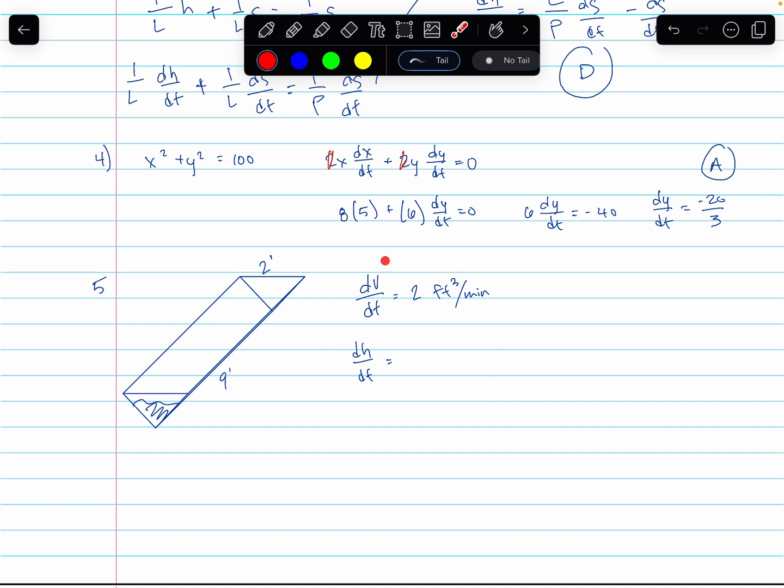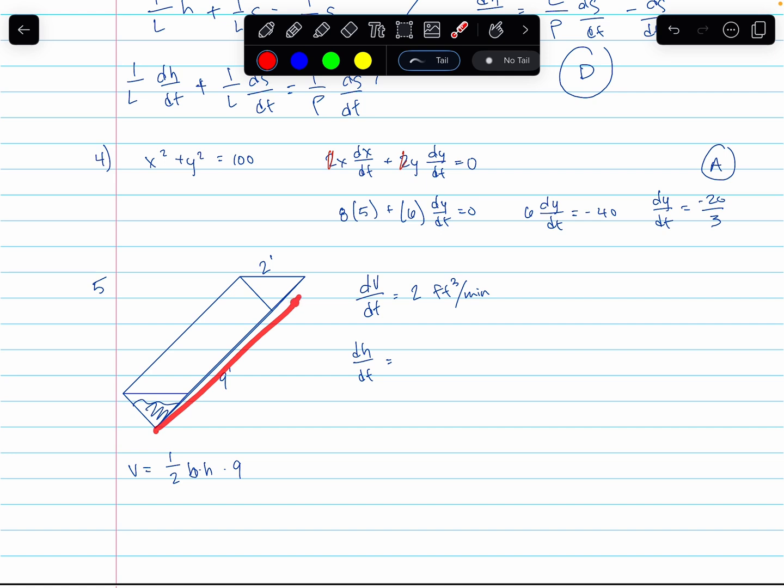We do have the rate of change of volume. So I'm going to want the volume of the water, right? The volume of the water is going to be equal to the area of the base, which is 1/2 of base times height, times 9.